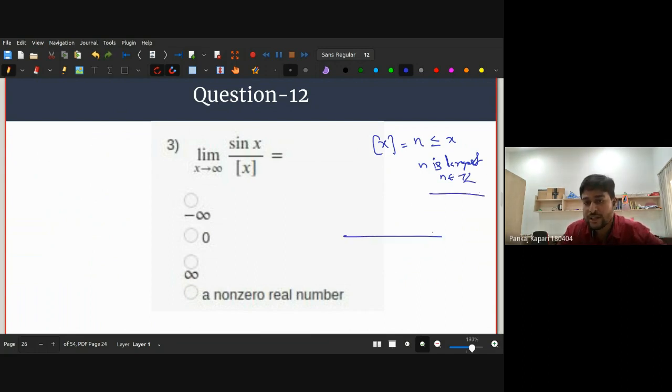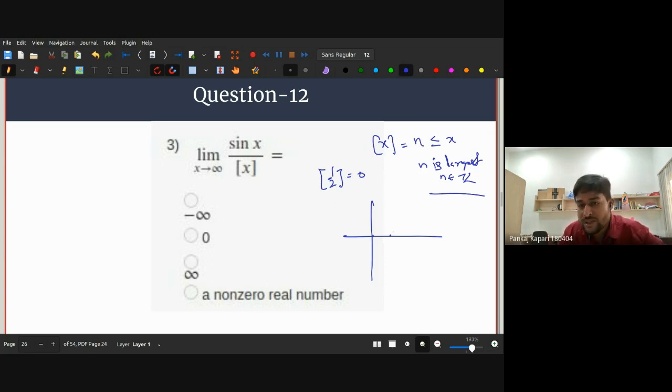This graph looks like this. If you put any number between 0 and 1, it will give you 0, and at 1 it will give 1. So the box of half, 0.5, is 0, because the greatest integer function always gives you an integer, and the largest integer which is less than half is 0.